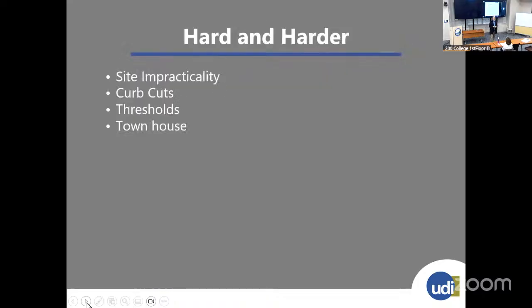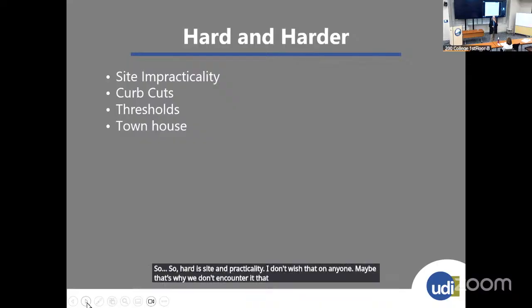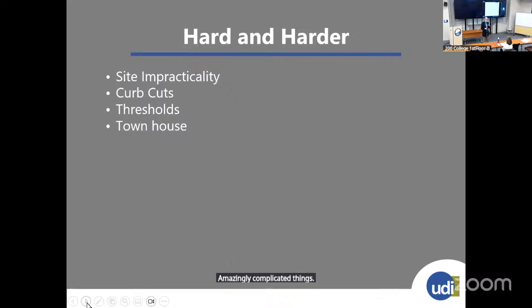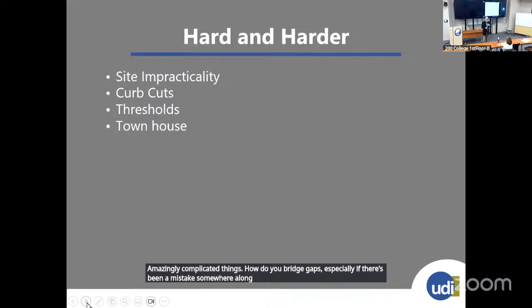Site impracticality is hard. I don't wish that on anyone. Maybe that's why we don't encounter it that often, because it's a complicated series of calculations. Curb cuts, as I mentioned, are a fairly difficult thing. Thresholds are an amazingly complicated thing: how do you bridge gaps, especially if there's been a mistake somewhere along the line, and make that right to get your CO correctly?